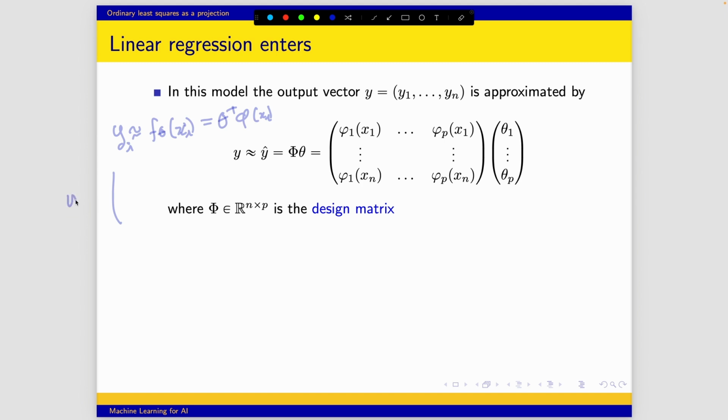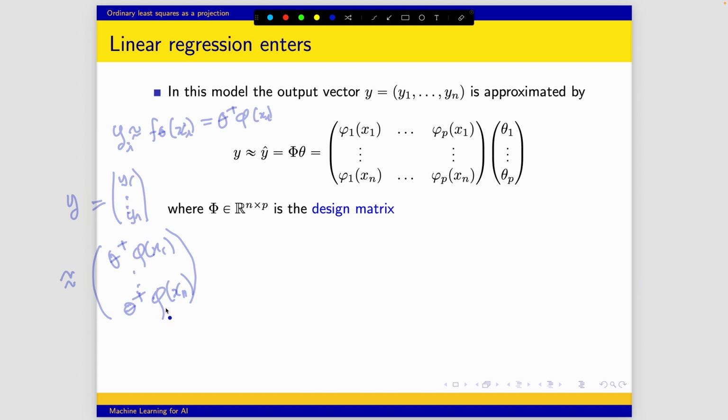Now we can do this for each xi, and each corresponding yi. So we would have y, our vector of targets. So this is y1 down to yn, is approximately theta transpose psi of x1 down to theta transpose psi of xn.